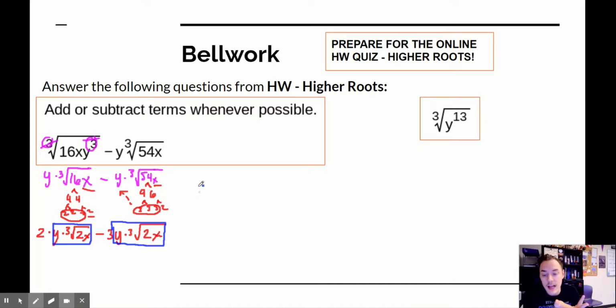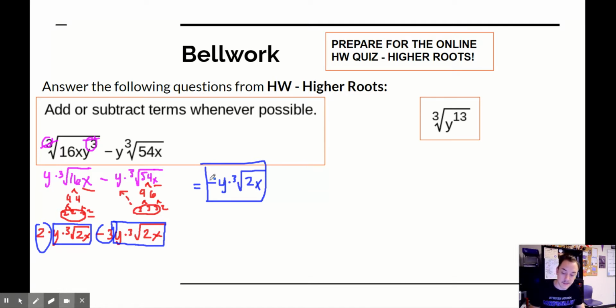So I can simplify. 2 minus 3 is negative something. What's the variable? Negative y times the cube root of everything inside the radical, 2x. This is my simplified answer. I hope we're feeling good about that.